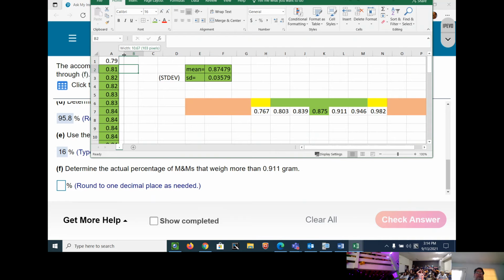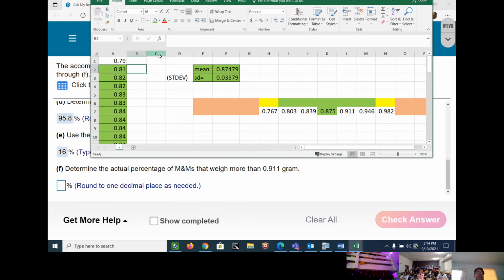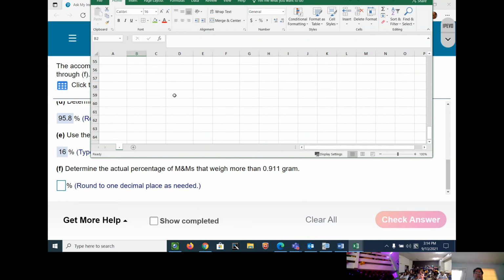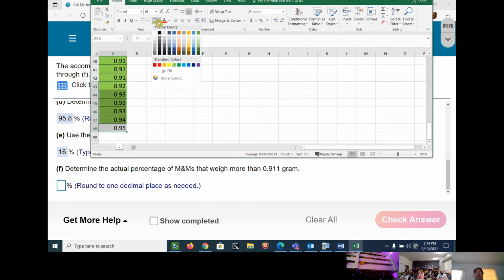They said more than, didn't they? Yes, they did. Well, more than 0.911 would be these numbers. And how many is that? 1, 2, 3, 4, 5, 6.